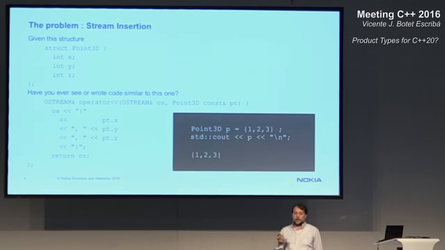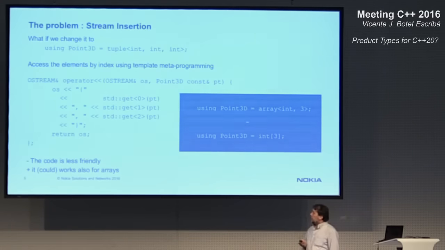Okay, have you ever written something like that? I believe so. Imagine now that you change your type, and instead of defining a structure, you define it as a tuple. The implementation will change.